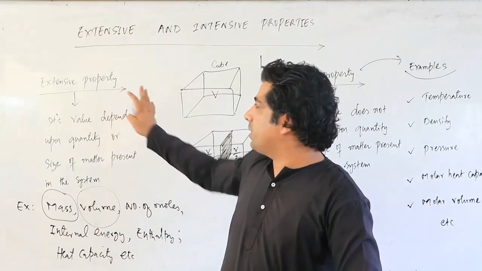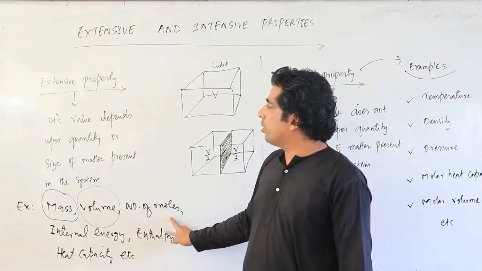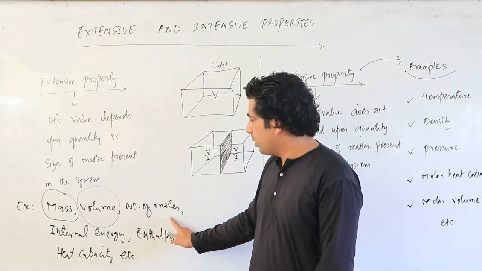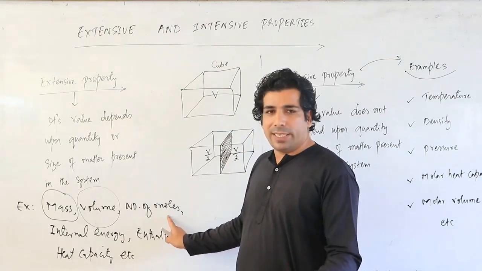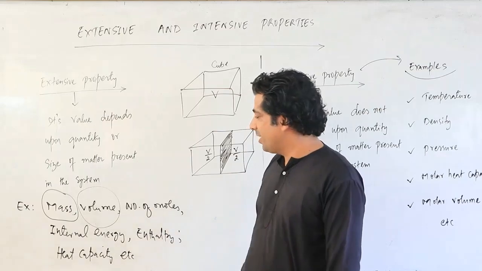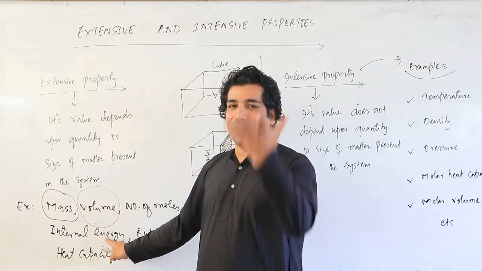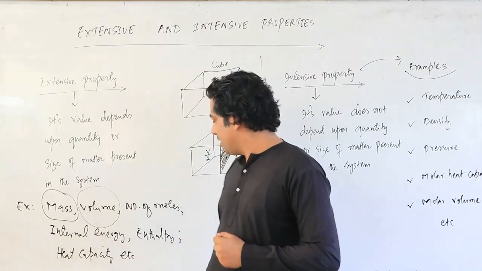So this was about extensive properties, and even the number of moles will also depend on what? Quantity of matter or size. Smaller size, less number of moles, bigger size, more number of moles. Internal energy, small object will have less internal energy, bigger object will have more internal energy.